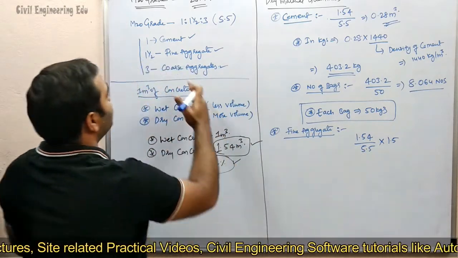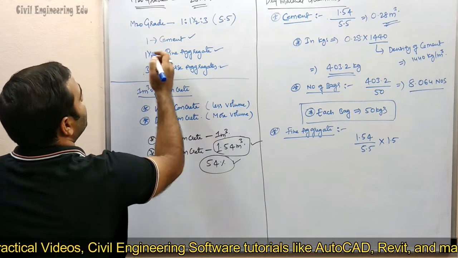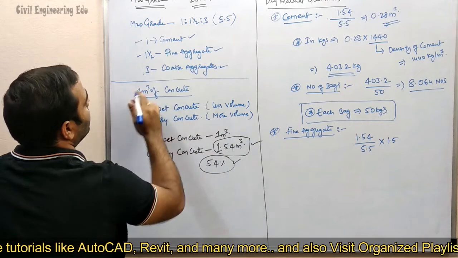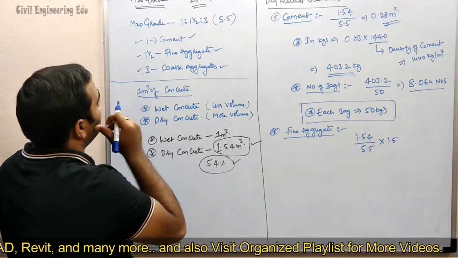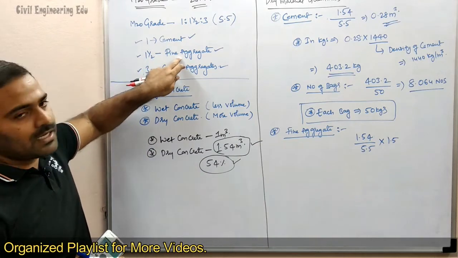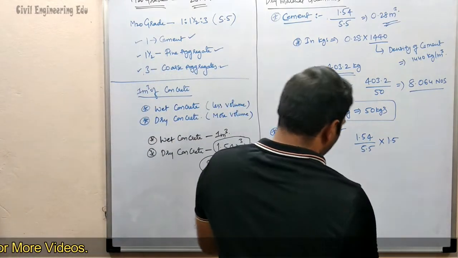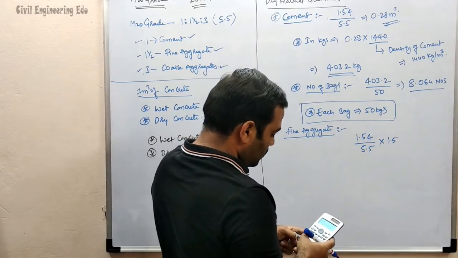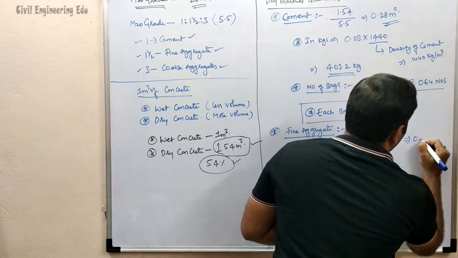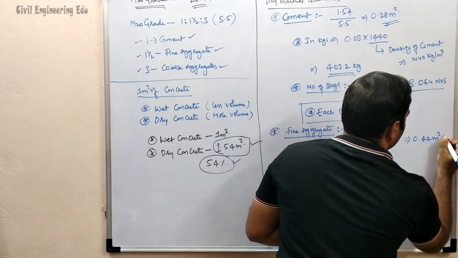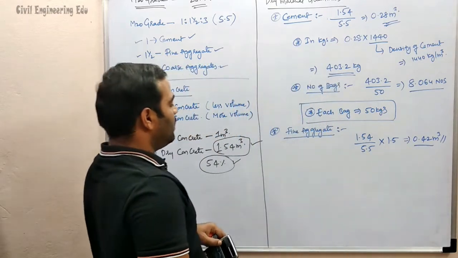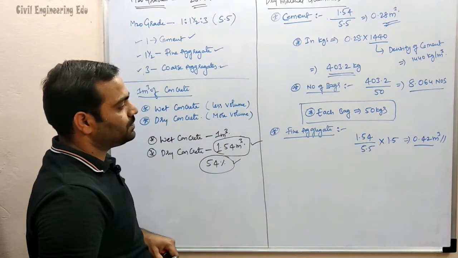Because the mixed proportions, if you observe, so here it is 1 unit of cement, 1.5 unit of fine aggregate and 3 units of coarse aggregates. If you are taking cement as 1 unit, we need to take 1.5 unit of fine aggregate. So simply we need to multiply with 1.5. So here 0.28 into 1.5, it is 0.42 meter cube. So this is the volume which is occupied in 1.54 meter cube.